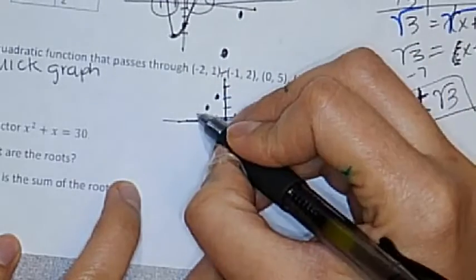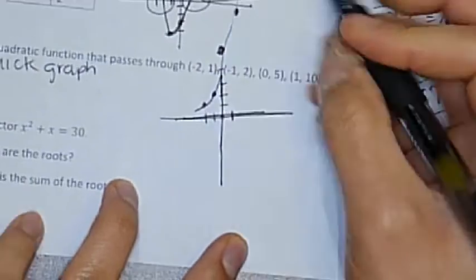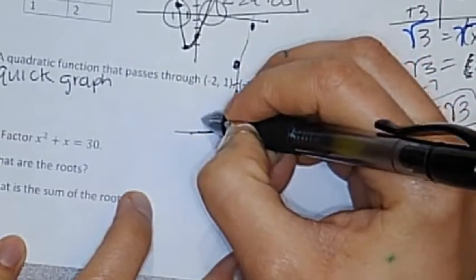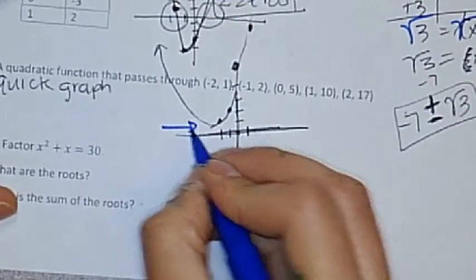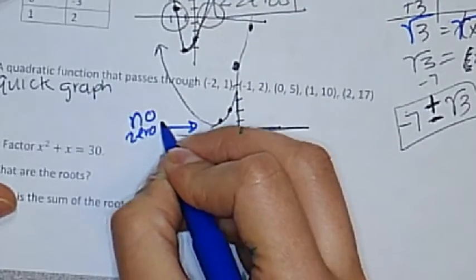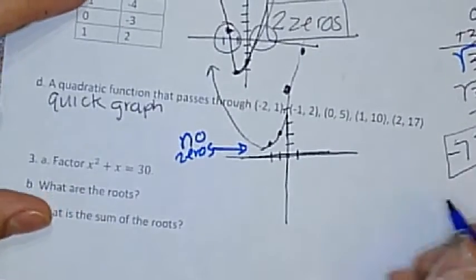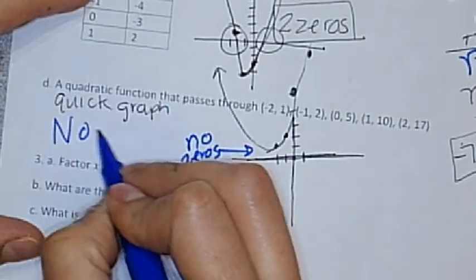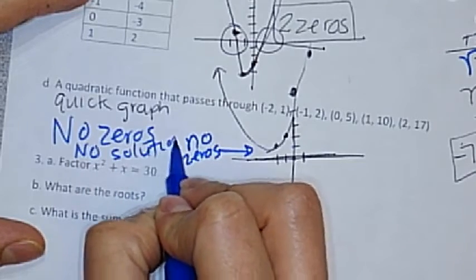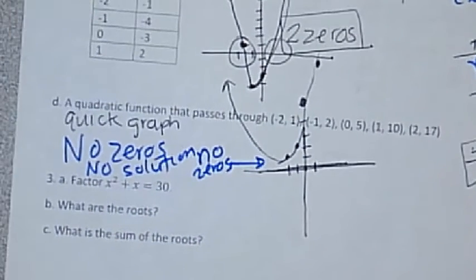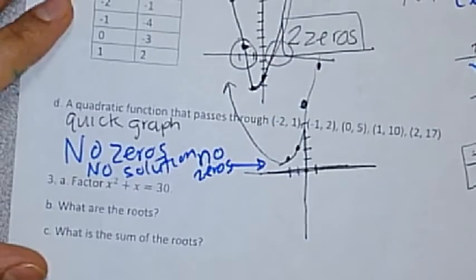So you know it's going like this. So the other part of it is probably over here. So no zeros. It doesn't touch the x-axis. For letter D, no zeros, no solution.